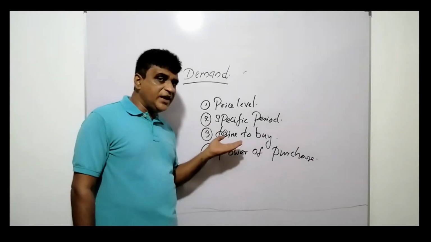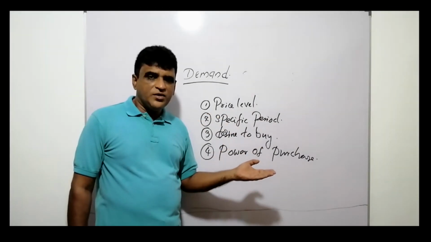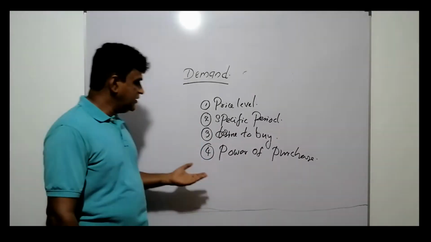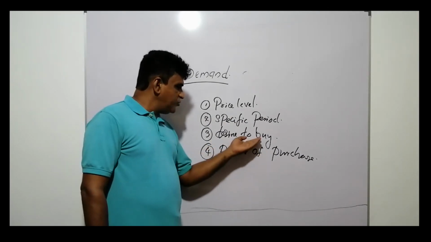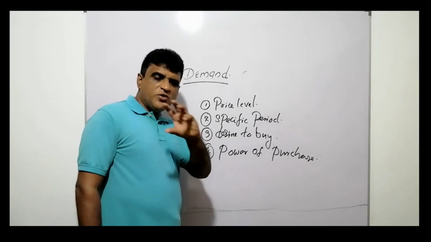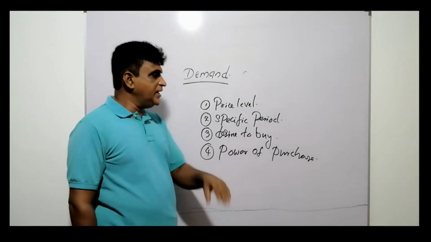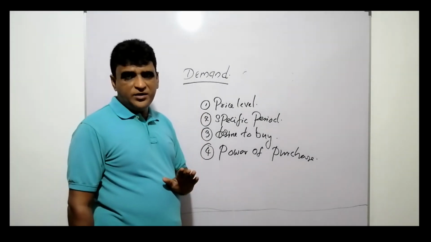Then we can't say that is effective demand. For effective demand, desire to buy and power of purchase both are supposed to be fulfilled. Then only we can say this is effective demand.